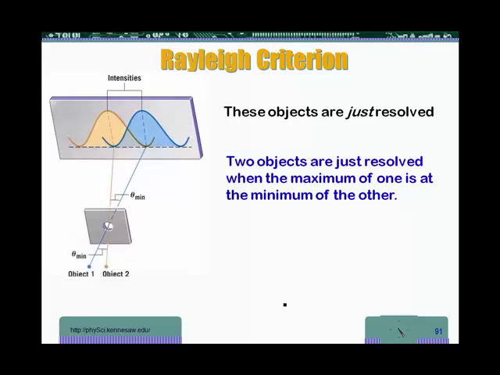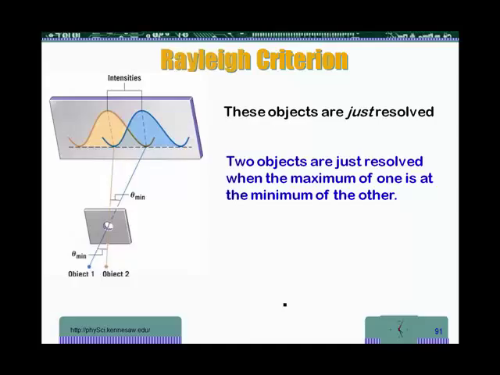Now, there is an interesting application of this phenomenon, of the phenomenon of diffraction. What, for example, if you are trying to look in the sky at two stars that are very far away, when are you going to be able to resolve these two stars and determine that you have actually two stars as opposed to one?